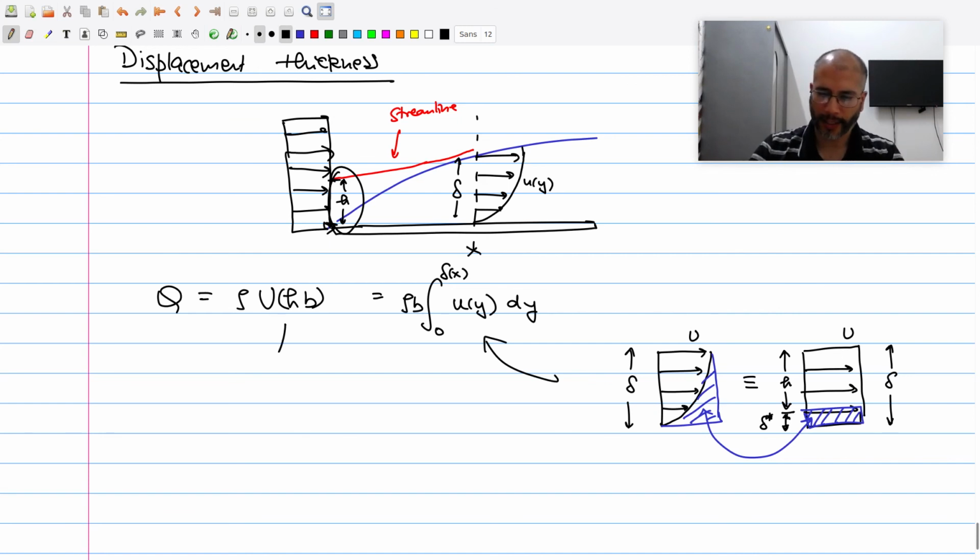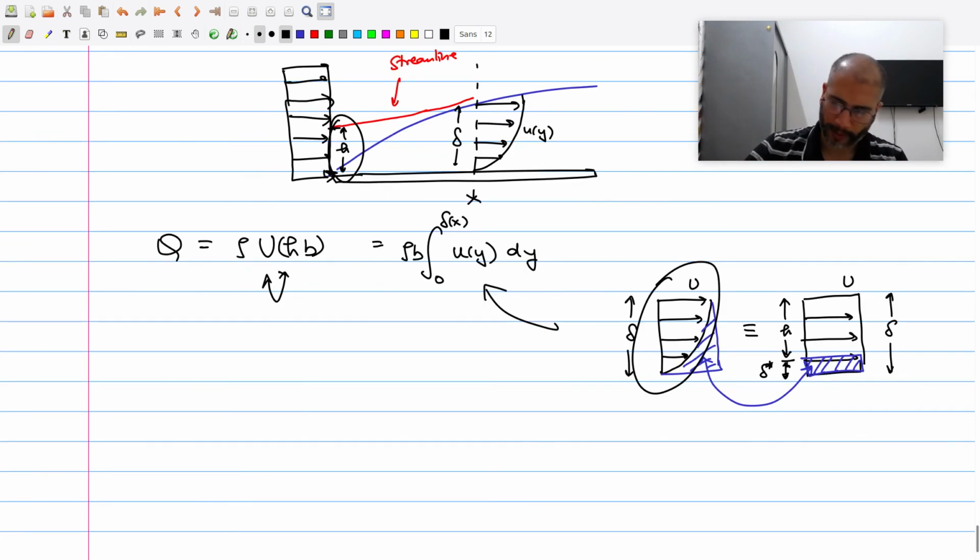Okay, so this h times U is giving us the volume flow rate, and here it's the complete integral of this parabola, of this profile that we have here. Okay. So you can either think of it geometrically, or you can put in the relations mathematically.